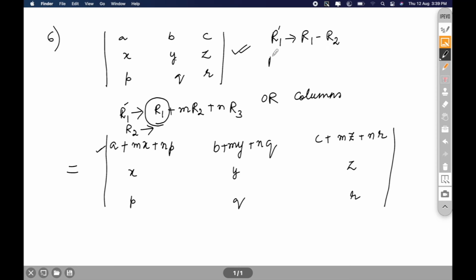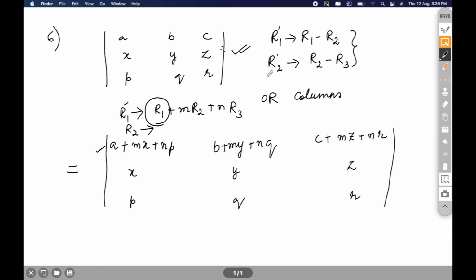Or I can also change row 2 and write row 2 changes to row 2 minus row 3. So here the new determinant that will be obtained after using these transformations, you will see its value will remain the same when compared to the value of the original determinant.